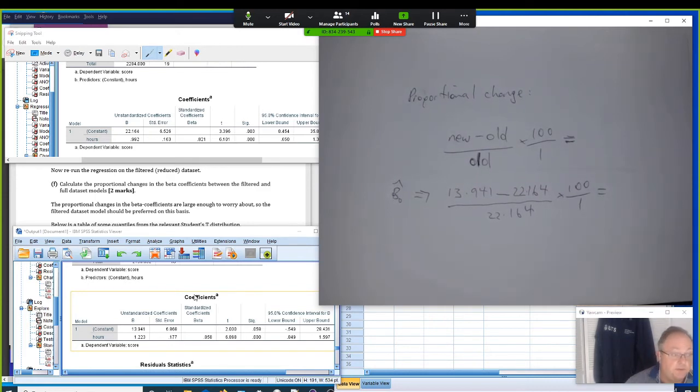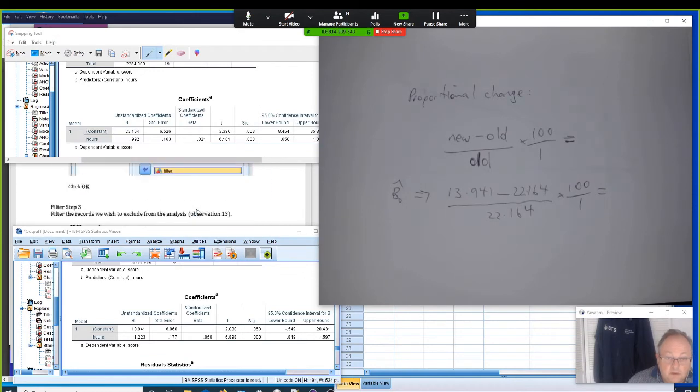Does somebody just want to put that in for me? We're working out the extent of the influence now. I'm going to give you a percentage. The Cook's D test is what we just did. When we did the Cook's D test, we put the residuals through that box. You can go back through and check it, but we did the clicking of the Cook's D in one of the elements there.